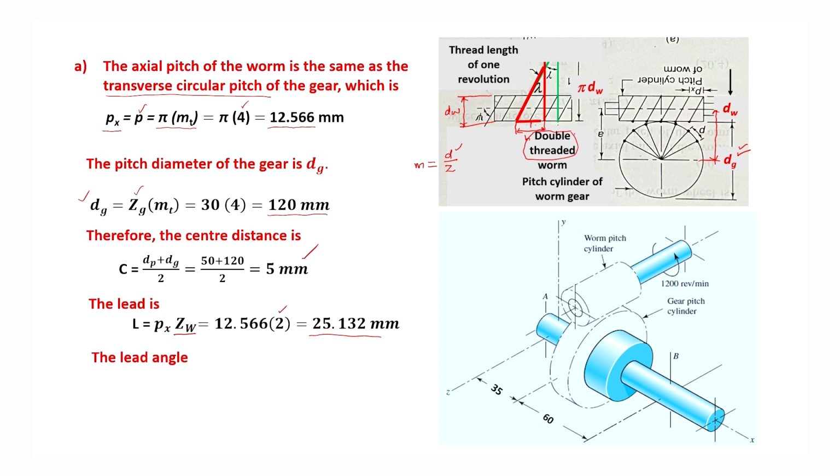Then the lead angle is given by: this distance is pi dw, and this is your lead, and so lambda is tan inverse of L divided by pi dw, and it comes as 9.09 degrees.